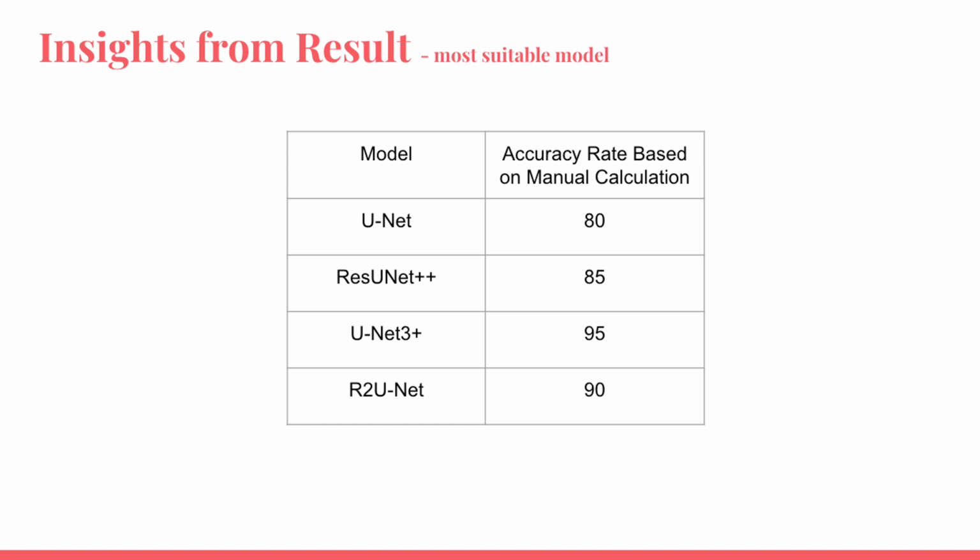So the score of U-Net 3 Plus is 95. U-Net 3 Plus is the best model, so we will use U-Net 3 Plus to get the result for the different vessels.